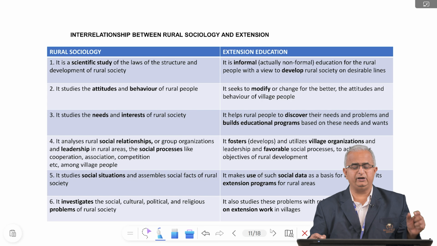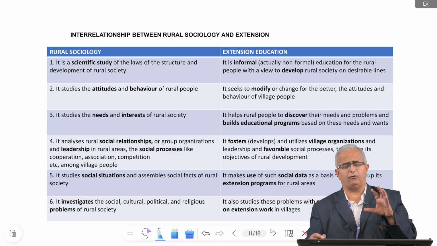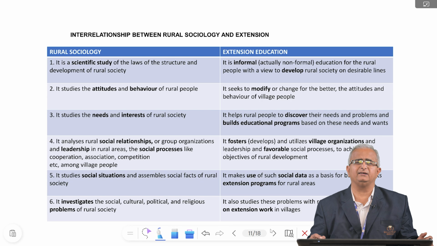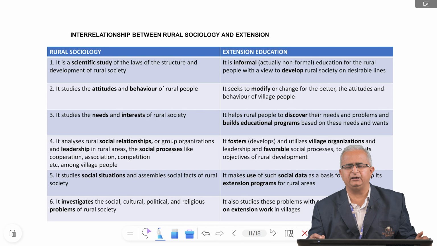And we investigate the social, cultural, political, and religious problems of the society. And the impact of these problems on extension work, we study as a subject matter of extension. This is the interrelationship between rural sociology and extension education.